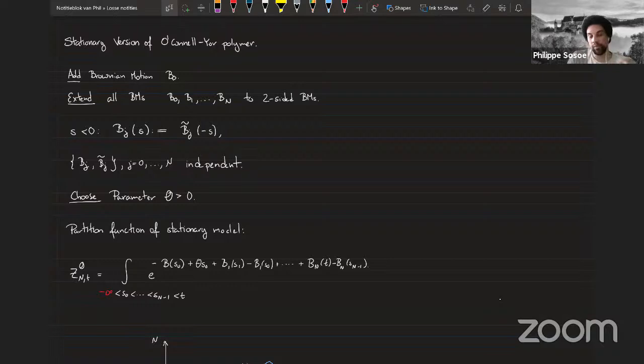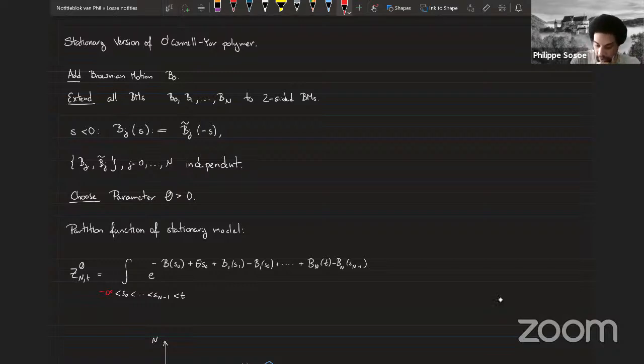In addition to adding a Brownian motion, we extend all the Brownian motions to be two-sided Brownian motions. This means that in addition to having the Brownian motion start at 0 and go from time 0 to infinity, we extend it to negative times by adding independent Brownian motions for each of the indices, independent of each other as well. These Brownian motions are run backwards, so they start at 0, and at time s, if s is negative, they are given by the value of some Brownian motion at time minus s.